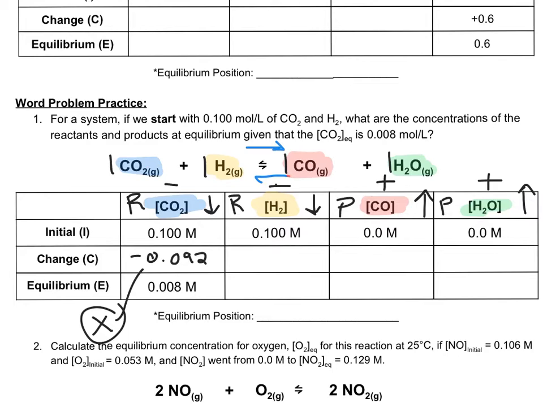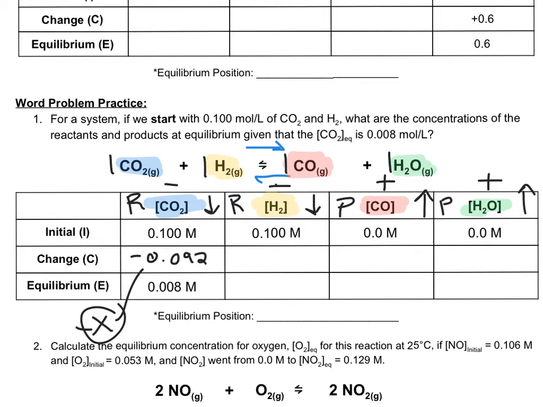That is the overall change, the basic change that we're going to see. We know that because CO2 did not have a coefficient. If CO2 had a 2 in front of it, then this would be 2x. Now, some people like thinking about it with the variables, some people don't. It doesn't matter to me which way you like to think about it. If you don't like the variables, you can just deal with the numbers.